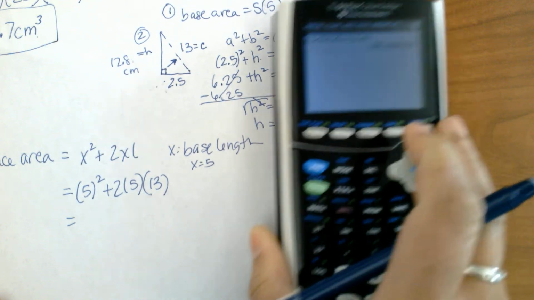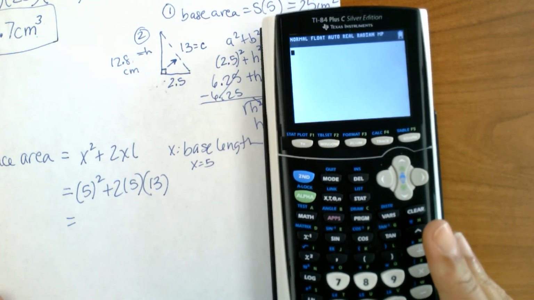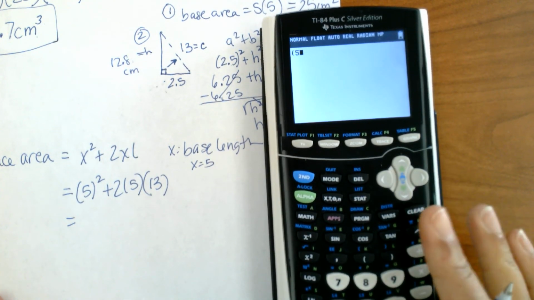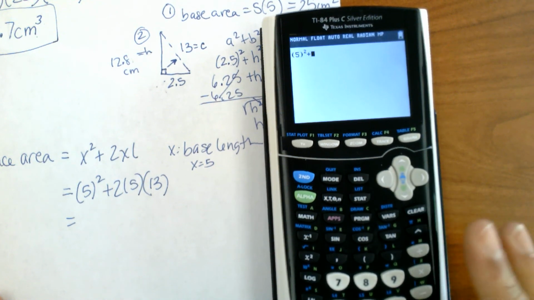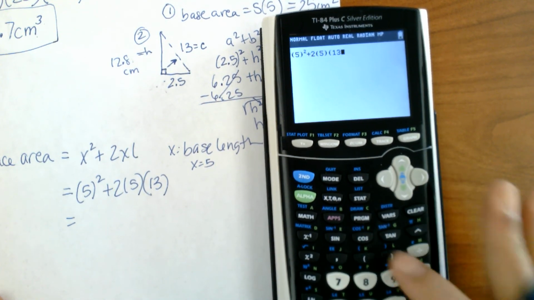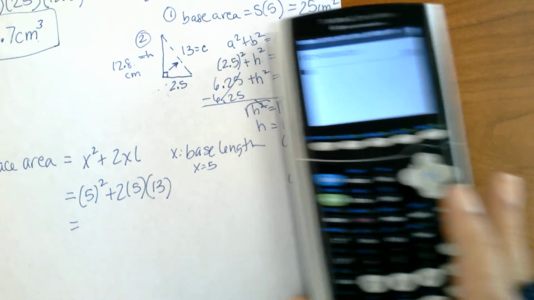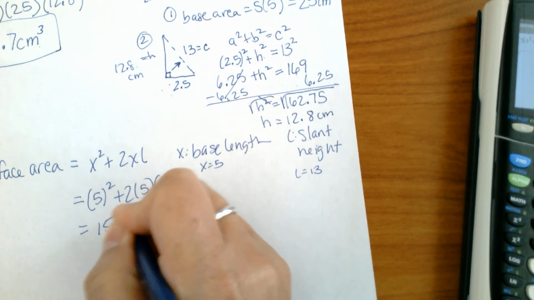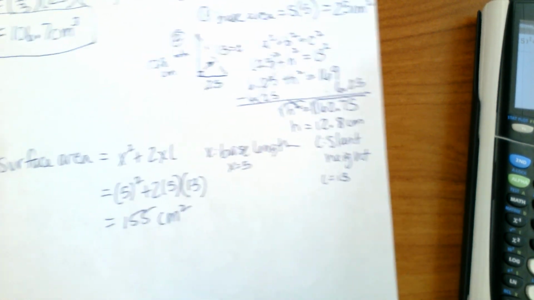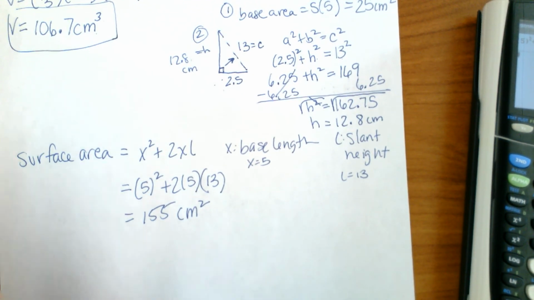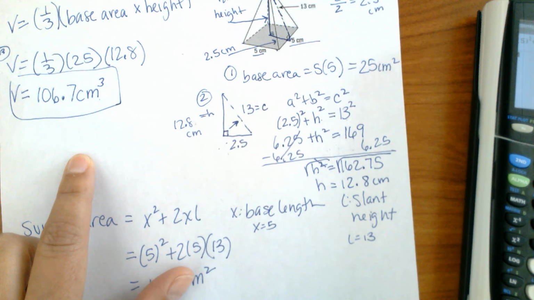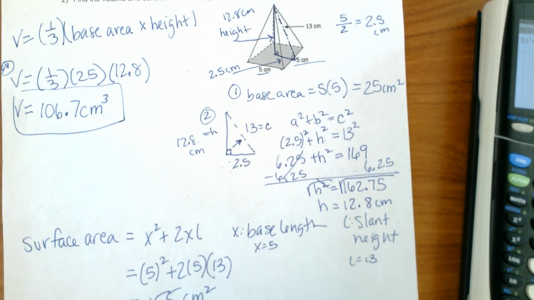And then let's just put it into the calculator. So we have 5 squared plus 2 times 5 times 13. Beautiful. And we get 155. And that's centimeters squared. And that's our surface area. That's the outside, that's the inside of our beautiful pyramid.